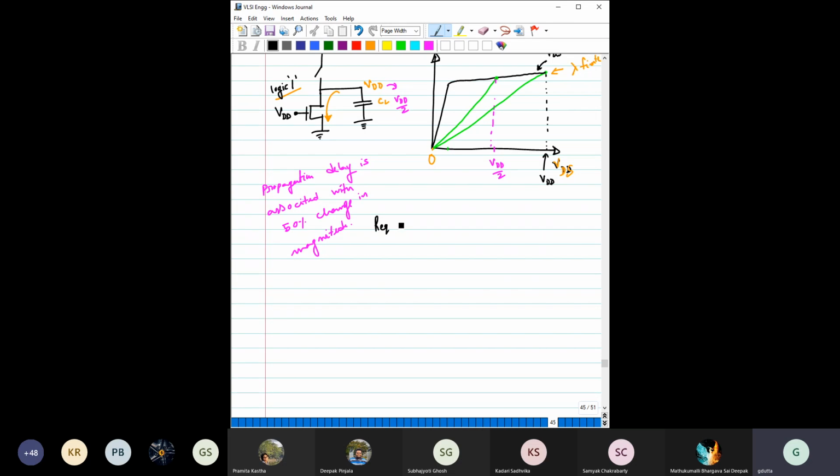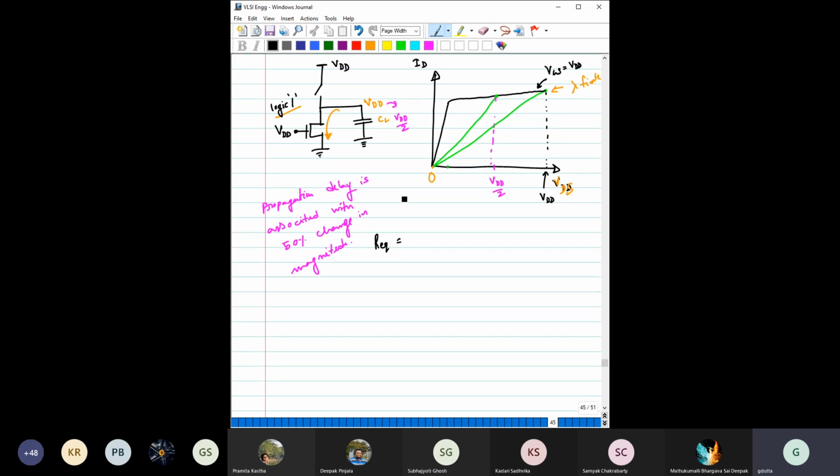So R equivalent would be equal to an average from here to here. How do we calculate this resistance?